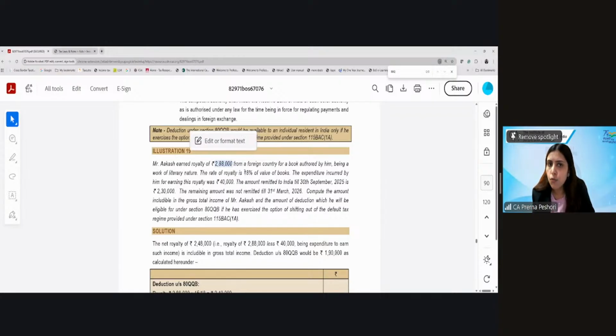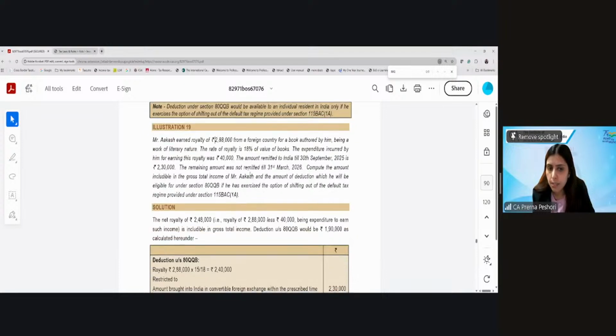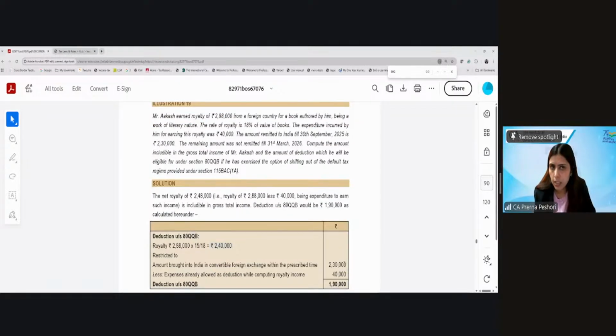So 288 into 15 divided by 18. If this is 18%, you will have to find out what is 15%. So royalty is 2,40,000, which is the deduction I will allow. However, what I have received here is only 230 till 30th September, which is within 6 months. So the deduction will be restricted to 230.